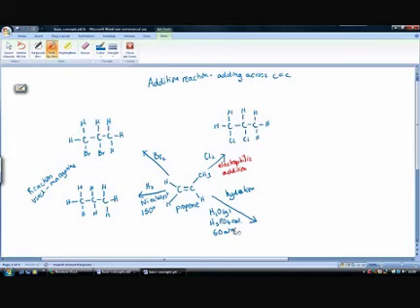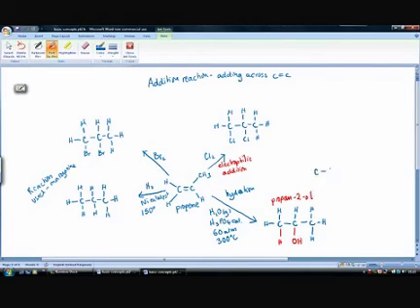Now you can do hydration of an alkene as well. You need water in the form of steam with phosphoric acid catalyst at 60 atmospheres pressure and 300 degrees Celsius. So it requires quite a lot of energy, this process. You can actually end up with two products, because the OH could add on to the second carbon, as it has done here, to produce propan-2-ol.